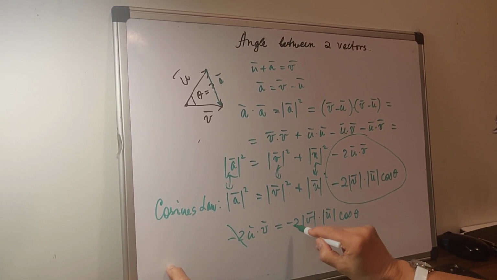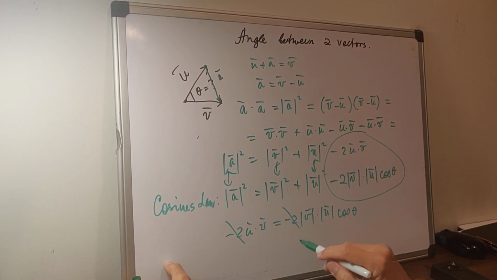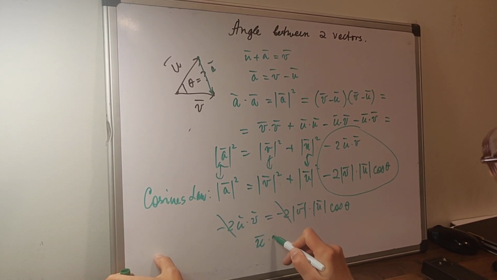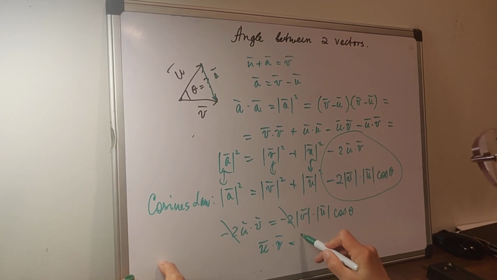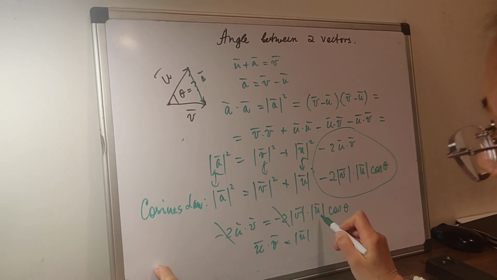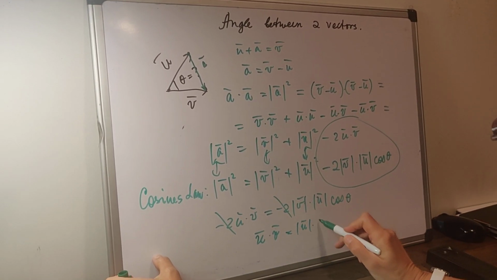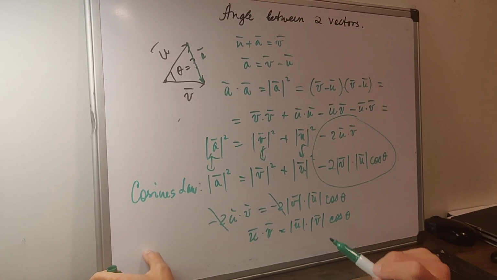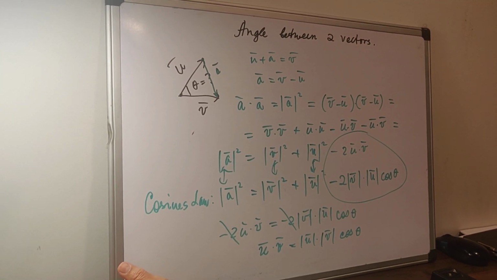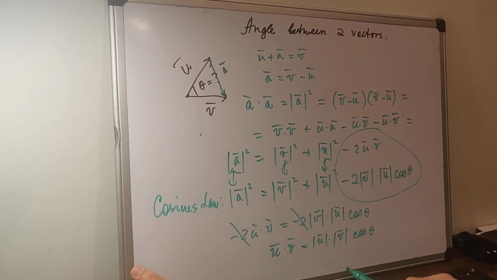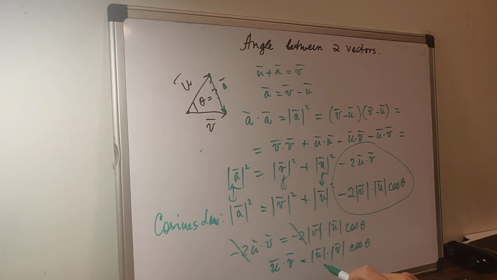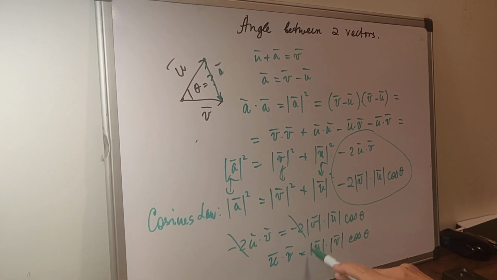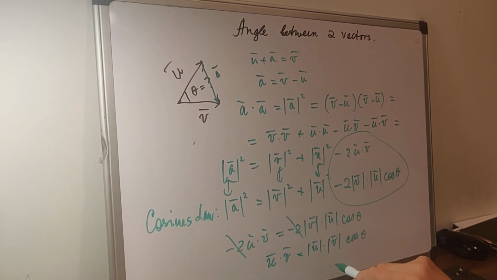I'm going to now cancel minus 2 and get a very nice expression for the dot product. The dot product between two vectors equals the magnitude of the first vector, I put it first to make it the same over here, times the magnitude of the second vector, multiplied by the cosine of the angle between. Usually people don't actually calculate the dot product using this formula because it's much easier to multiply the coordinates.